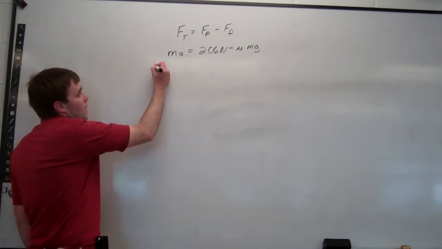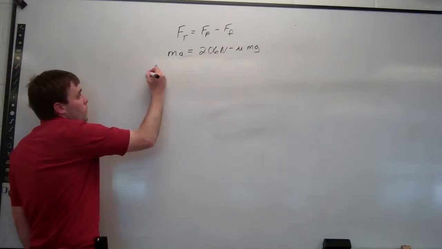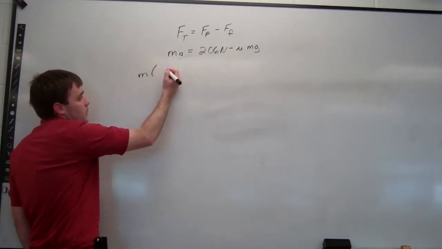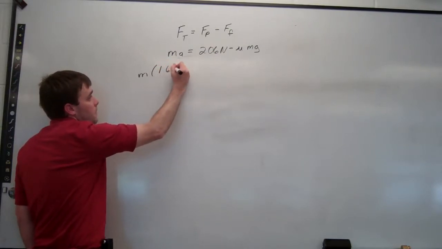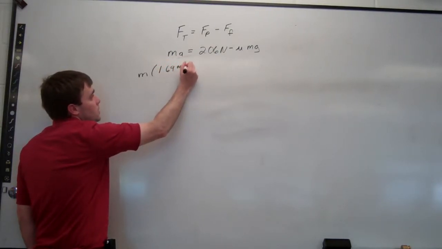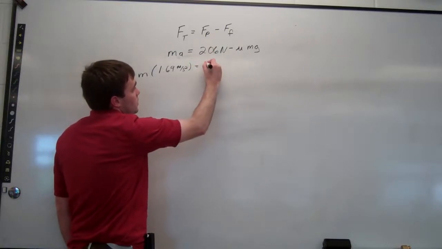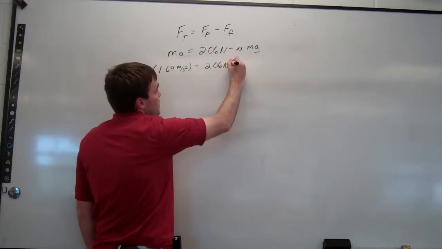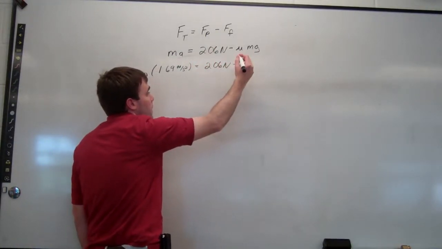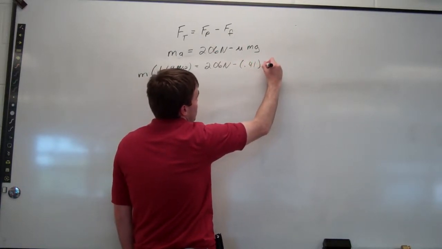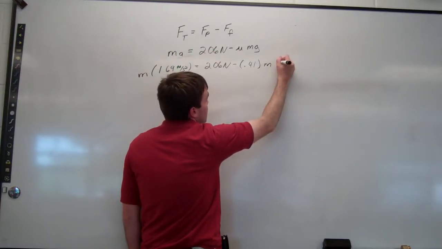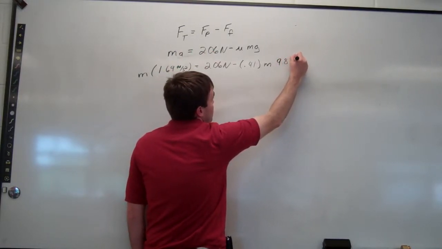We don't know our mass, so it's m times our acceleration, 1.96 meters per second squared, equals 206 newtons minus 0.41 times m times 9.8 meters per second squared.